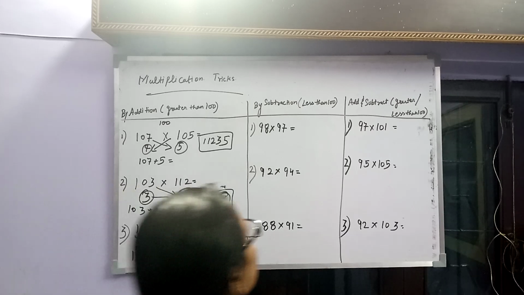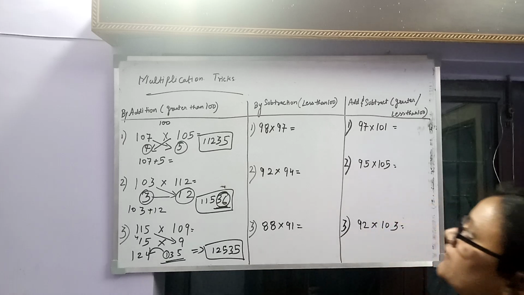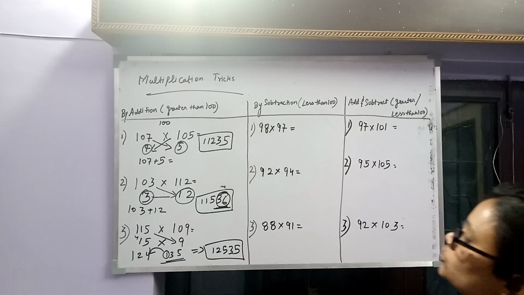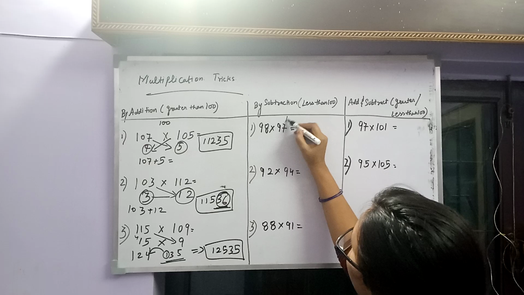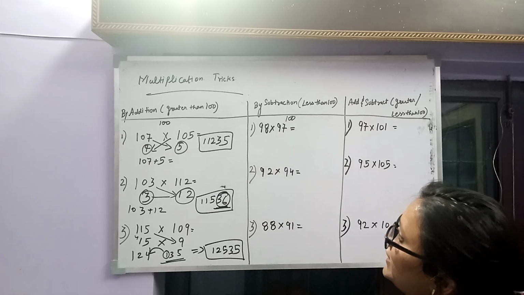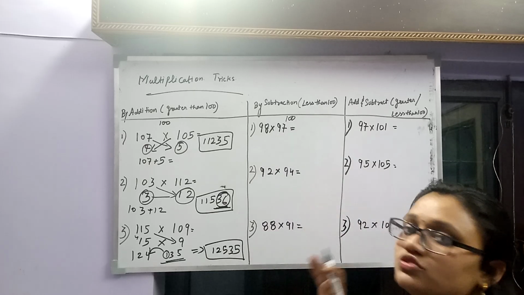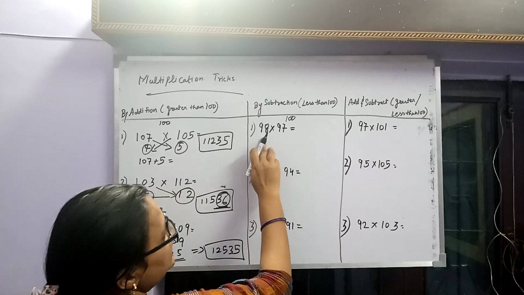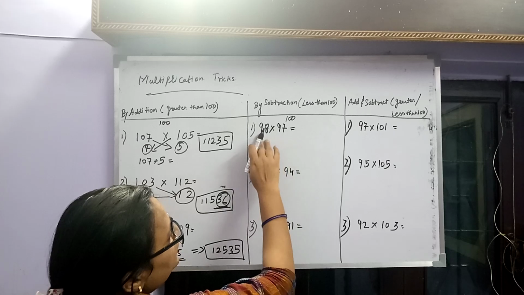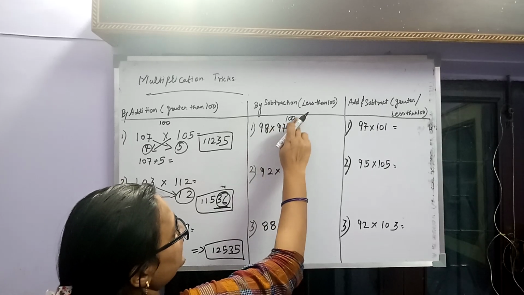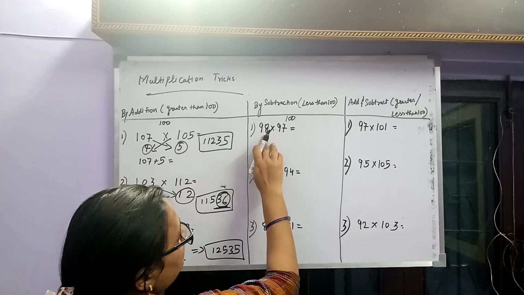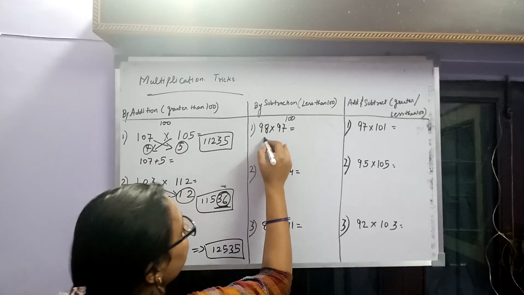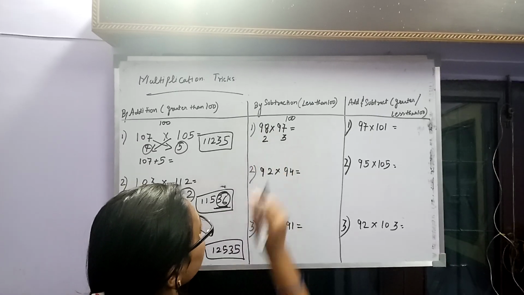Now come to type 2, in which we do subtraction. As you can see, here also we take base 100, but here we have to subtract. The first example is 98 multiplied by 97. If we subtract 98 from 100, we get 2, and here we get 3.